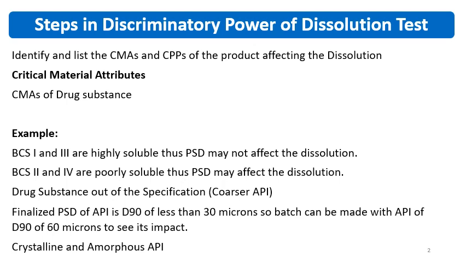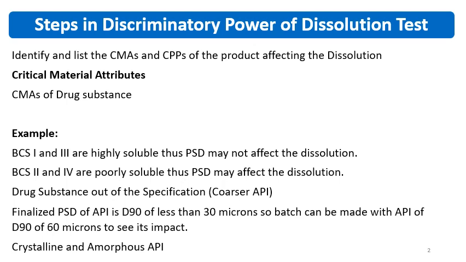Then crystalline and amorphous API. If you have finalized amorphous API, then you can check the batch for dissolution with crystalline API and see whether the dissolution is affected by the crystalline API.